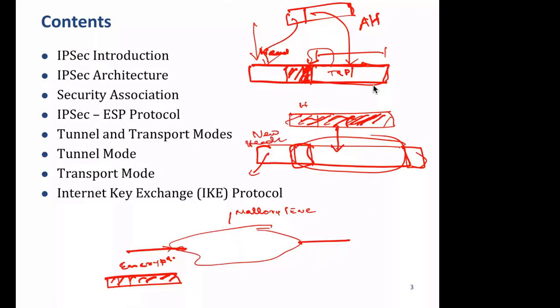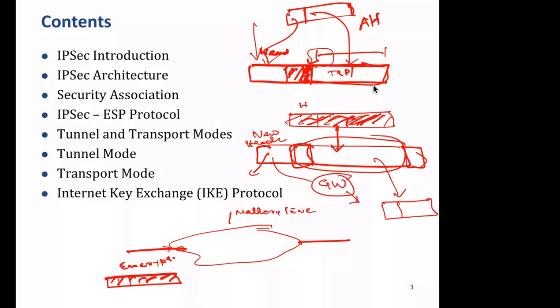Because it has to go somewhere. Now your destination node is behind the server, or VPN server, or gateway. Then this address would be of the gateway, and the gateway will do all the IPSec processing, remove this packet, and send it to the destination machine in the plain form. That's one way.